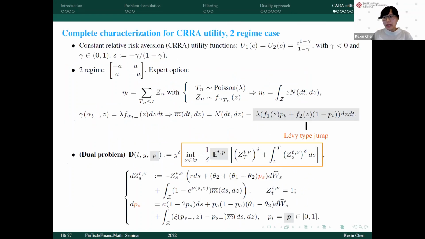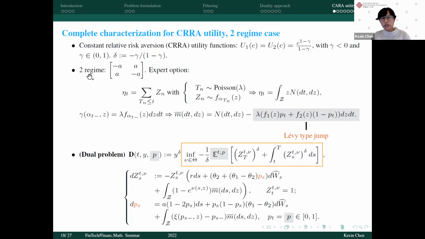And now we apply the theoretical result to a specific case, and we consider the utility function of the constant relative risk aversion type, which takes this kind of form. In particular, we consider gamma that is less than 0, and also gamma that belongs to 0 to 1.